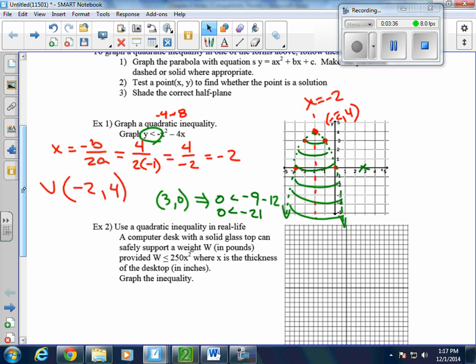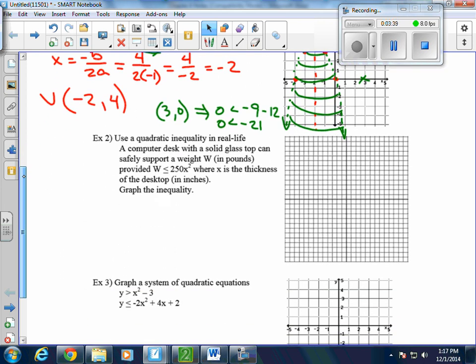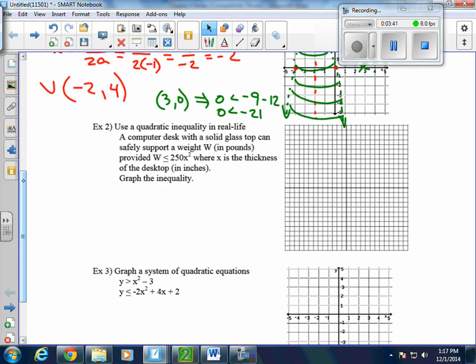Now in example 2, we're going to use a real-life situation. A computer desk with a solid glass top can safely support a weight of W in pounds, provided that W is less than or equal to 250 x squared, where x is the thickness.